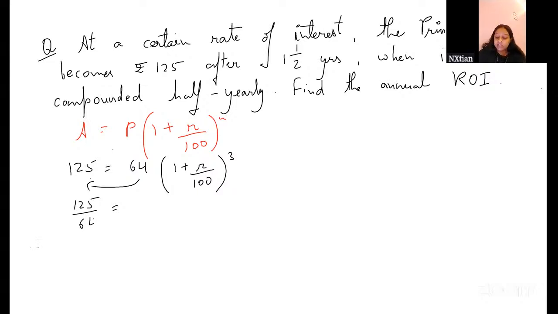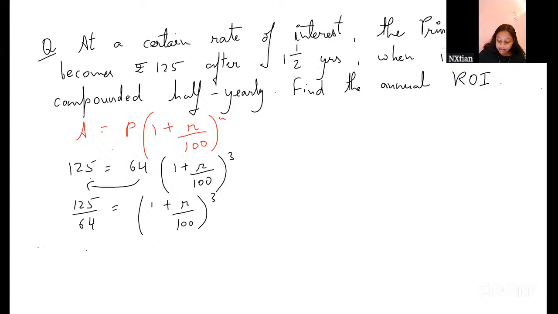we have 1 plus r by 100 to the power of 3. Can we find the cube root of 125 and 64? Yes, we can. 5 and 4.